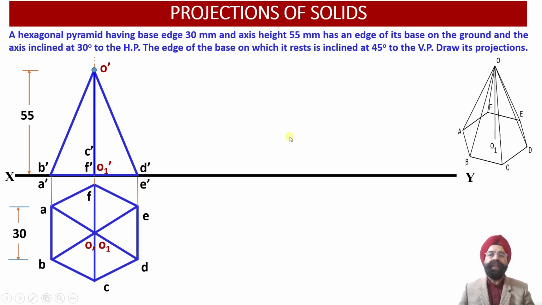Now we have been provided with the information that in the first iteration, this hexagonal pyramid has been tilted in such a way that the axis of this pyramid is inclined with respect to the horizontal plane at an angle of 30 degree, or the base of this pyramid will be inclined at an angle of 60 degree with respect to the horizontal plane, and this hexagonal pyramid will be resting on one of its base edges onto the ground or onto the horizontal plane.